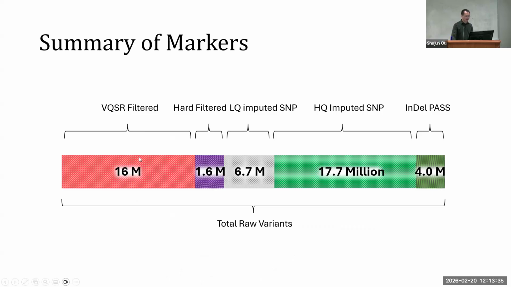Overall, I started with many raw SNPs, some filtered by VQSR, some by hard filters, and some by low imputation scores, retaining 17.7 million high quality SNPs. All this analysis will be based on these data sets.